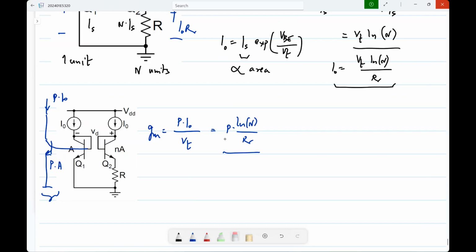Then you have a GM that is dependent only on the resistor. Let's say this R is some polysilicon, the same type of resistor as a load. Then GM R prime would be P. So it has only a resistor ratio, and the gain will be precisely defined.